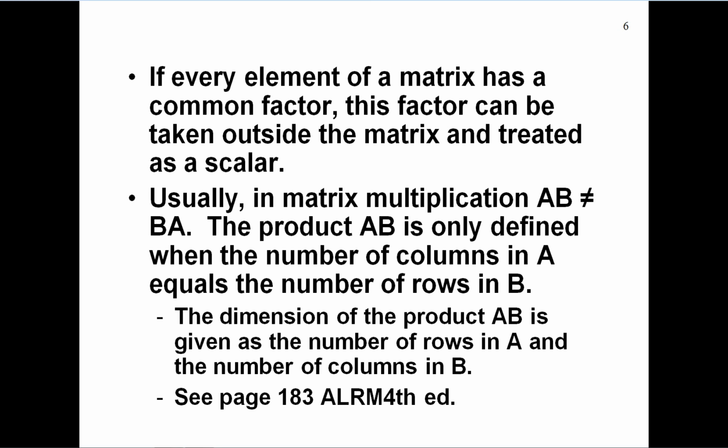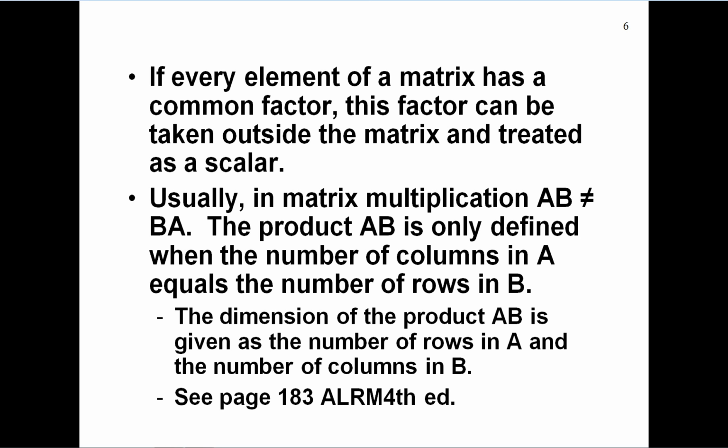We talk about matrix multiplication. Now this is extraordinarily important. We're going to do a lot of matrix multiplication in analyzing our linear regression model. And we have to understand that the matrix A times the matrix B is not necessarily equal to the matrix B times the matrix A. They have to be conformable. That is, the size has to be right.